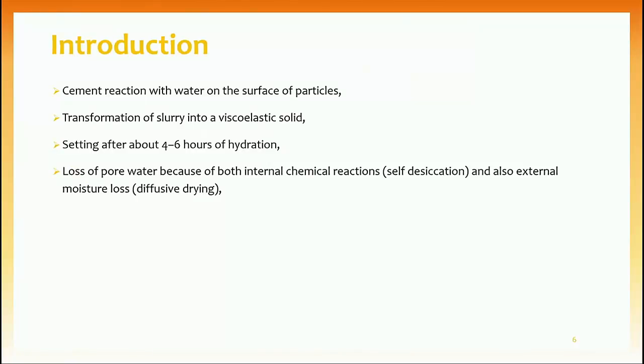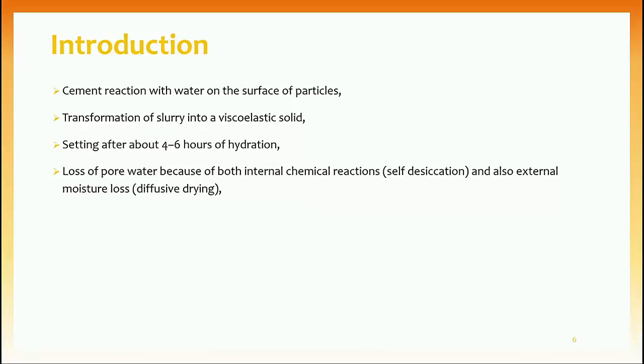So when cement particles react with water, a slurry generates around the particles. After a few hours, which is probably 4 to 6 hours, it hardens and the slurry transforms into a viscoelastic solid.